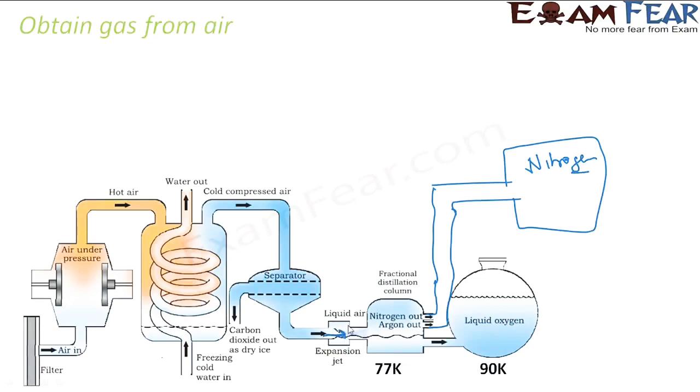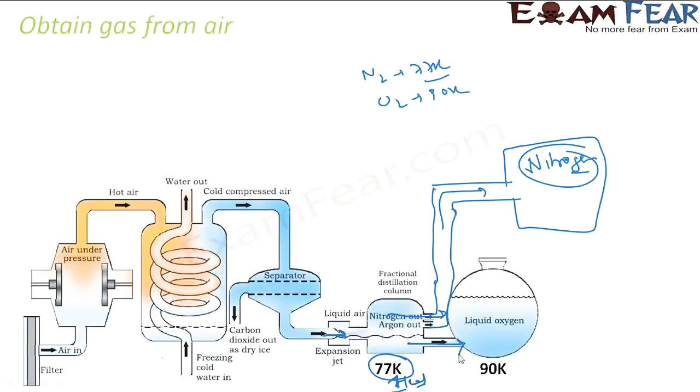Now when you maintain the temperature of 77 K here by applying some heat, the moment liquid air is heated to 77 Kelvin, in liquid air nitrogen has the boiling point of 77 K. Oxygen has 90 K. So nitrogen will convert into gas, be cooled down and collected here. The remaining liquid air will go here because of the flow, and it will be collected here as liquid oxygen.